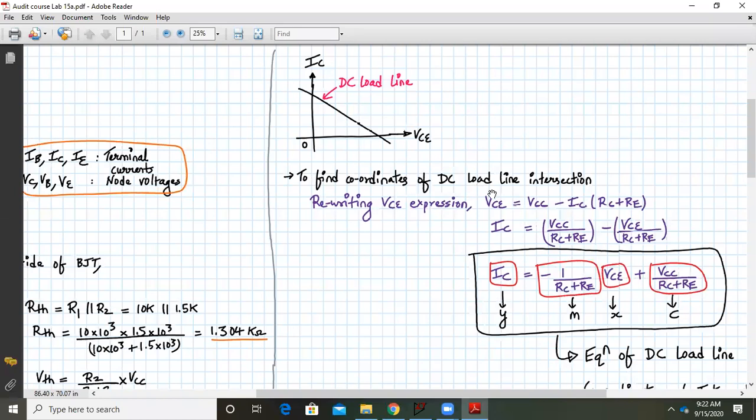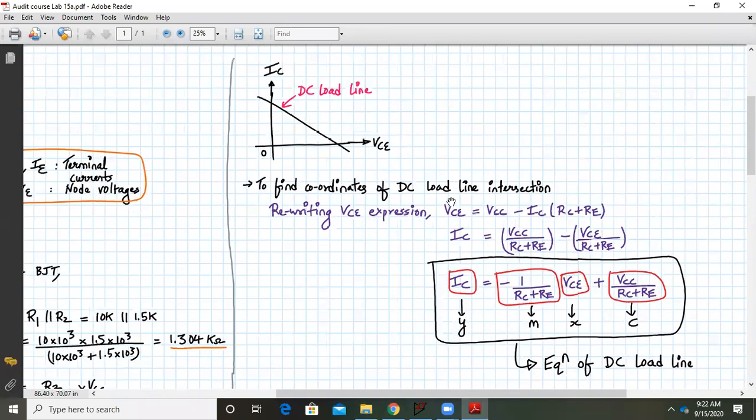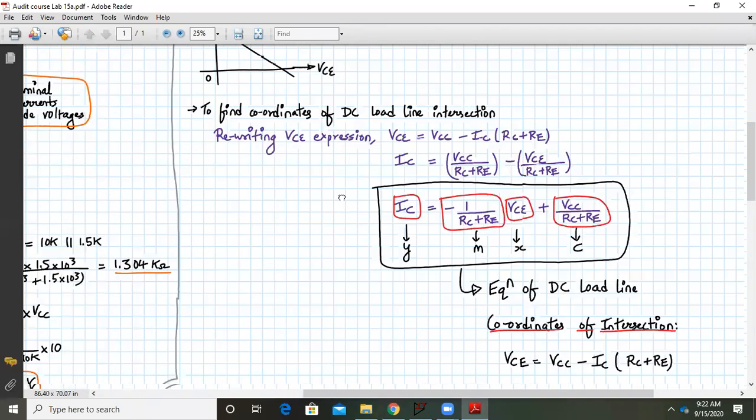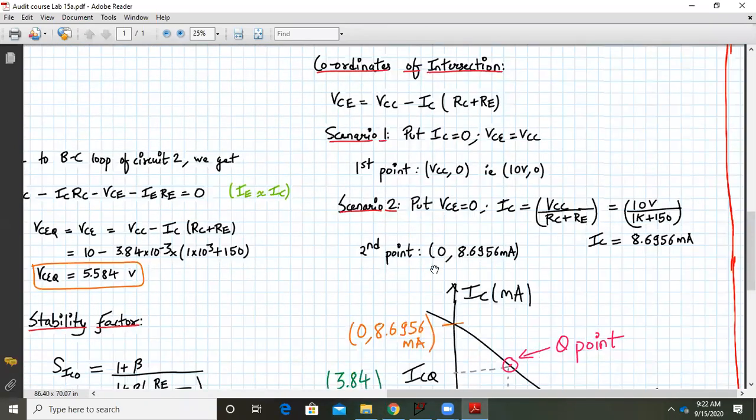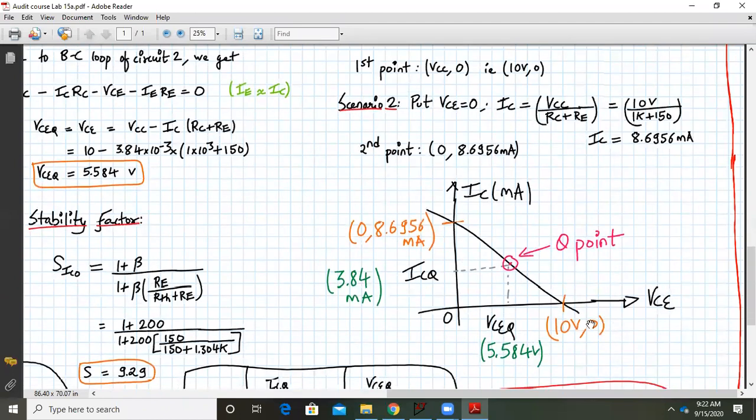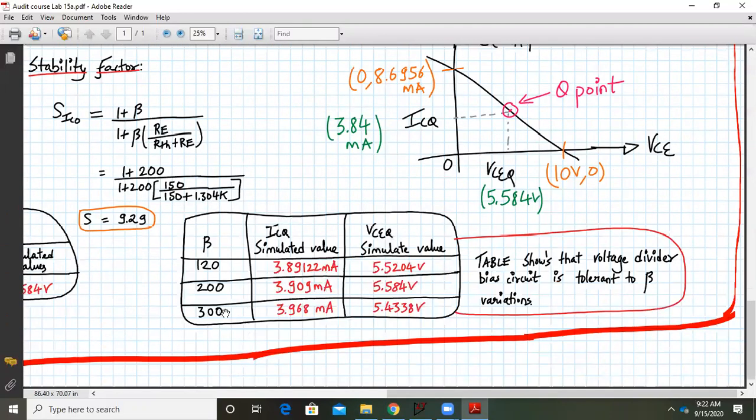Then we have also seen how to plot the DC load line and the equation of that, and also how to determine its coordinates. We have plotted a DC load line with the two coordinate points on the VC versus IC plot, and we have also seen this curve in LTspice. And lastly, we have varied the value of beta, and it is observed that the circuit is tolerant to beta variations.